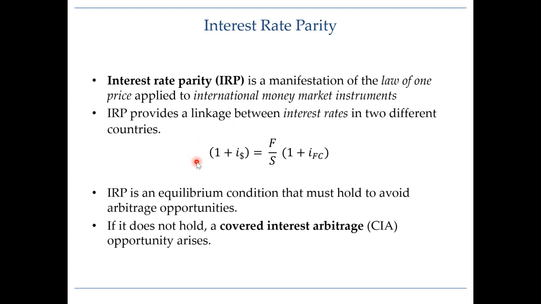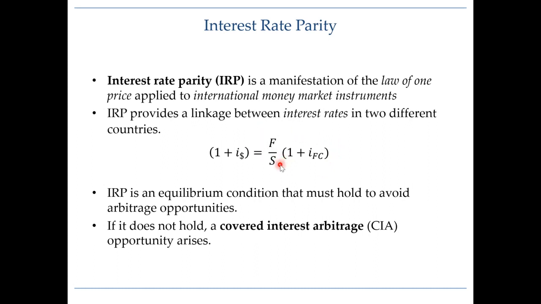But the idea here is essentially that on the left-hand side, you have the rate of return you will earn when you invest domestically here in the US, assuming you're an American investor, and if you had invested $1 domestically. On the right-hand side, what you have is the return or maturity value from foreign investment.